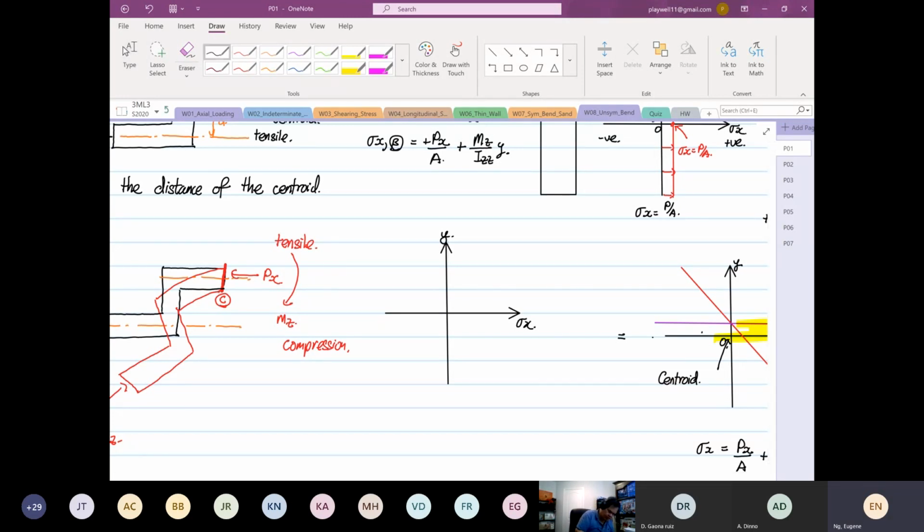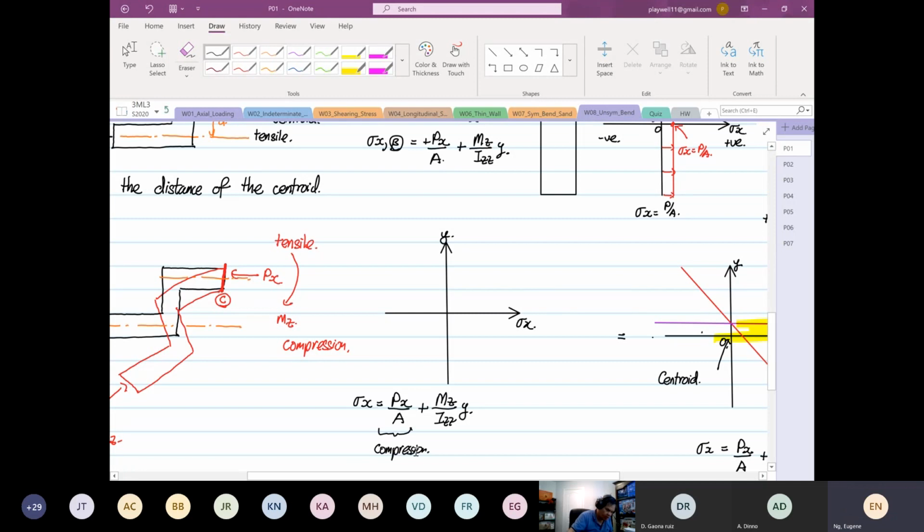So the formula that we apply will be stress X is equal to P X over A plus MZ over IZZ multiplied by Y. So now your structure, this term over here will be under what? Compression.